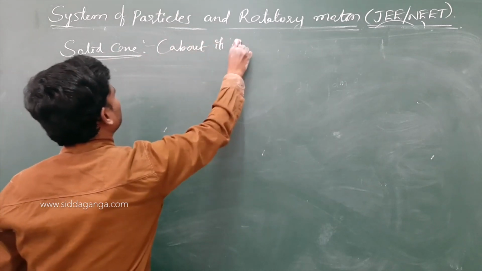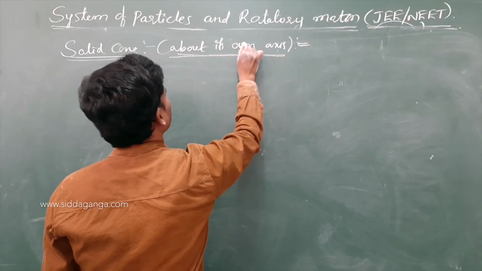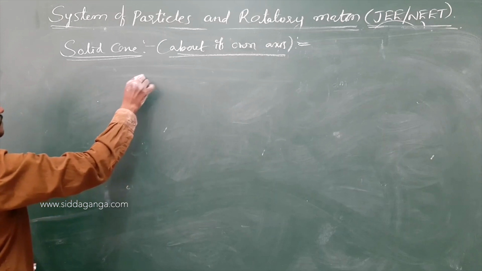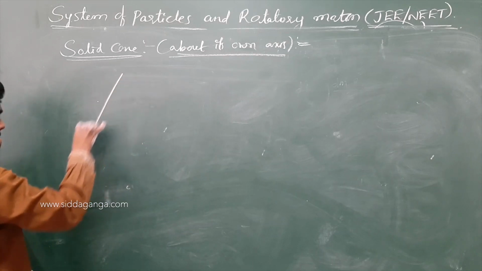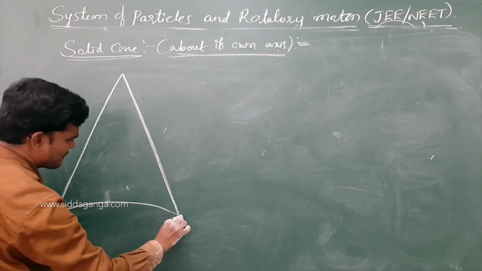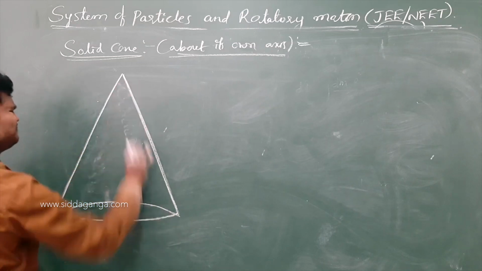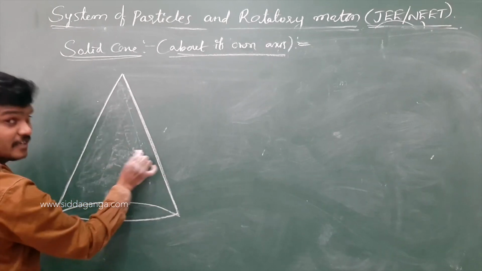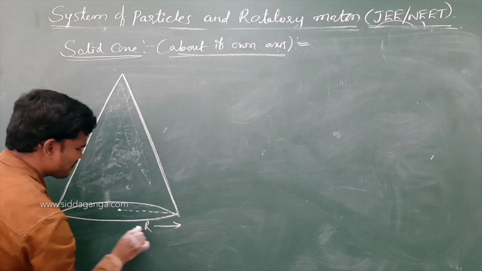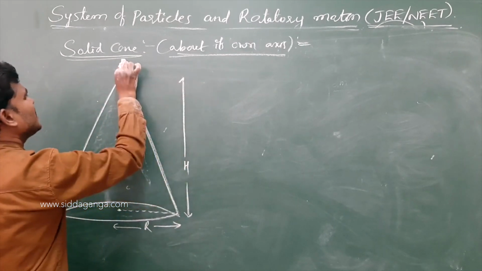See, this is the solid cone, like a cone with a beam. This is a solid cone whose radius is r and height h. About this axis I want to find the moment of inertia.